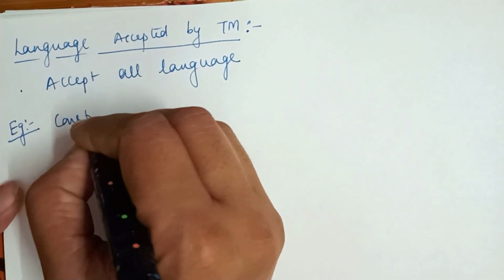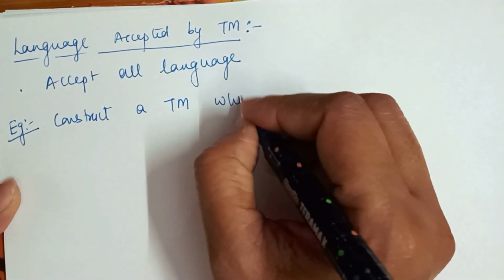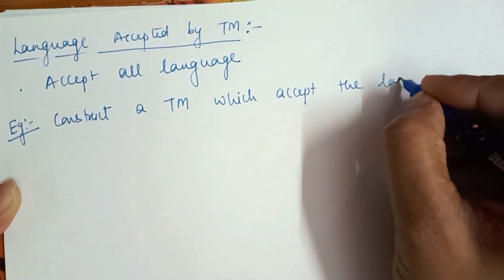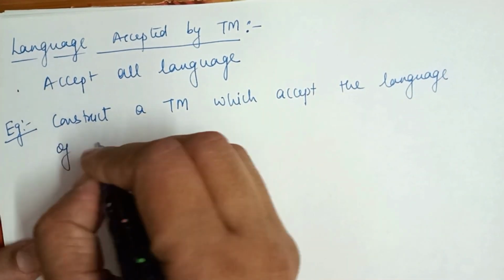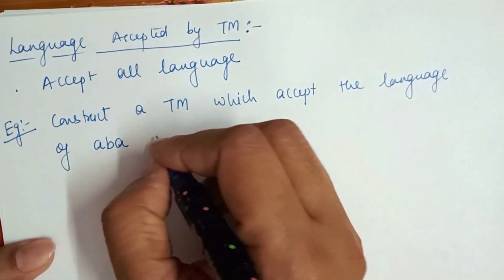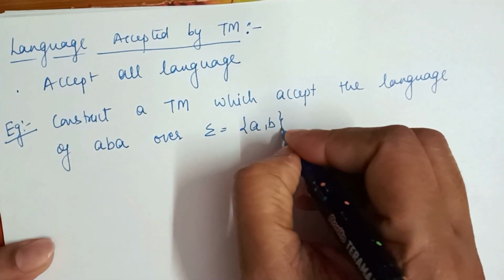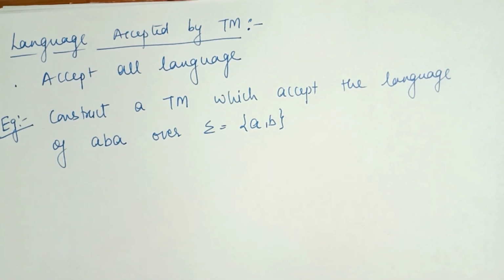We have to construct a Turing machine which accepts the language of ABA over sigma equals {a, b}. In my previous video we already designed a finite automaton for this type of string. Now we are taking the same string and constructing a Turing machine for that language.